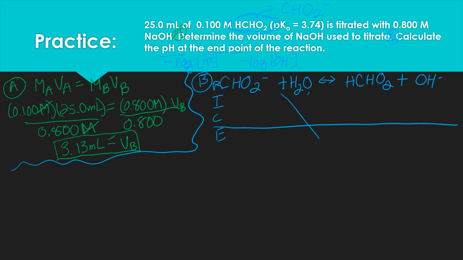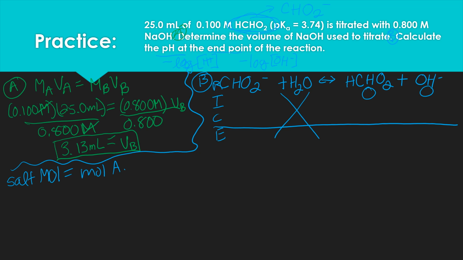So that's the beginning of our RICE table. Now we can go ahead and cross out our water. We know we have 0 of that to start. And we need to figure out how much initially we had of our conjugate salt. Remember, the salt moles are equal to your moles of acid or moles of base, either one.